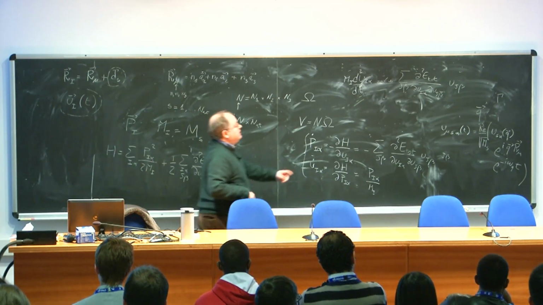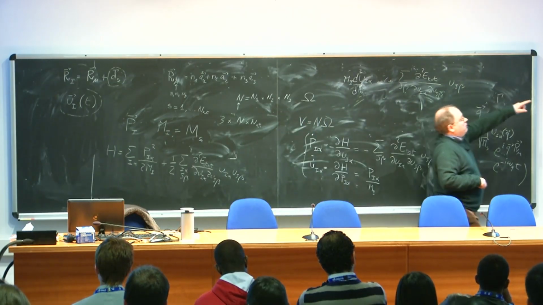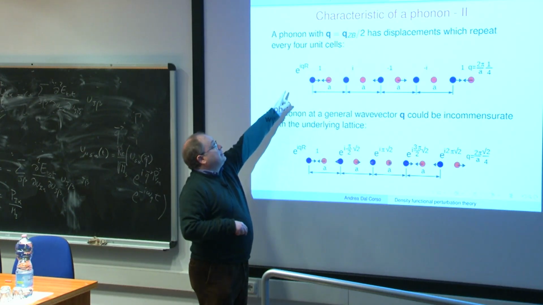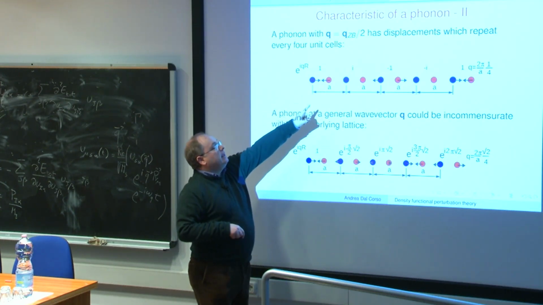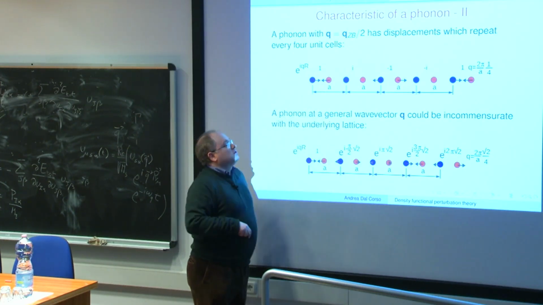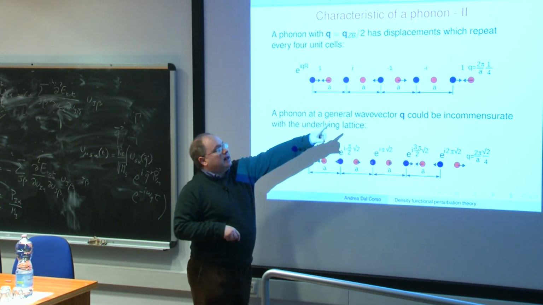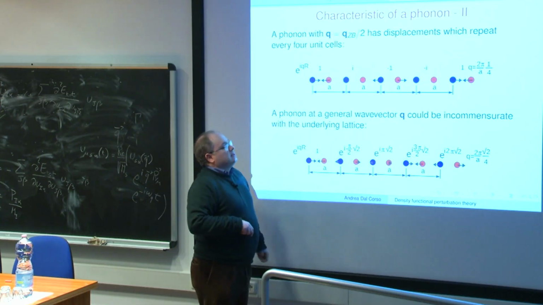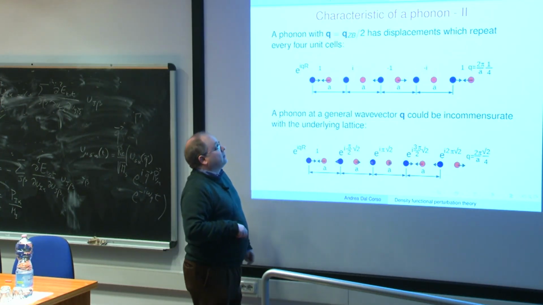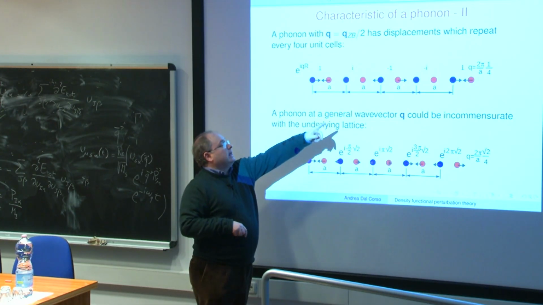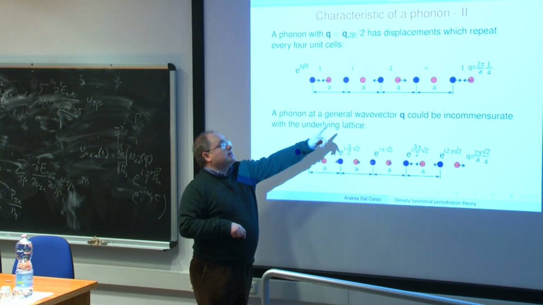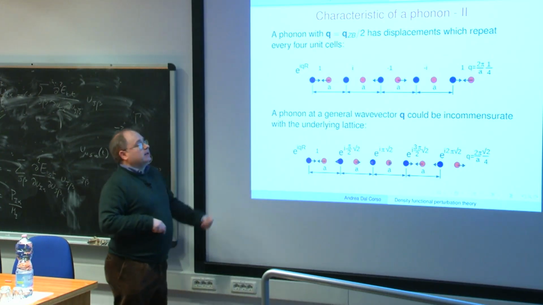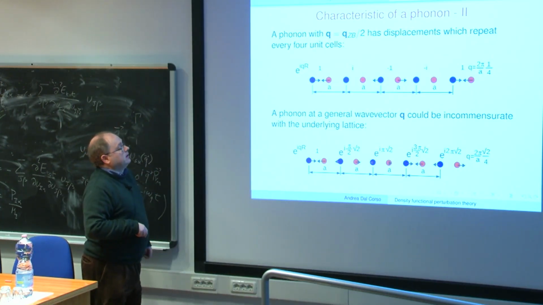And the same if I take 1/4 of 2 pi over A: then in the first unit cell this phase is 1, then i, then -1, then -i, and after 4 cells I recover the same displacement as the original. So for a Q like that, I will need a unit cell that is 4 times my original unit cell to simulate this phonon.